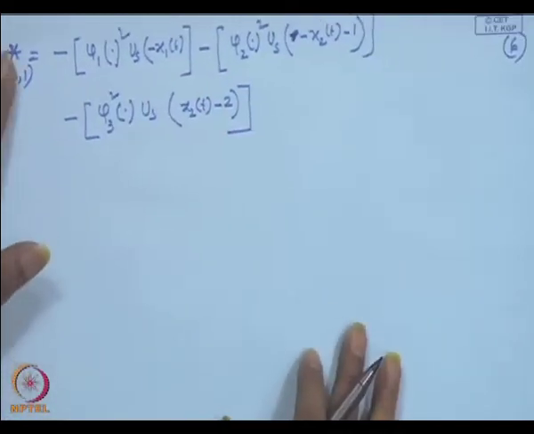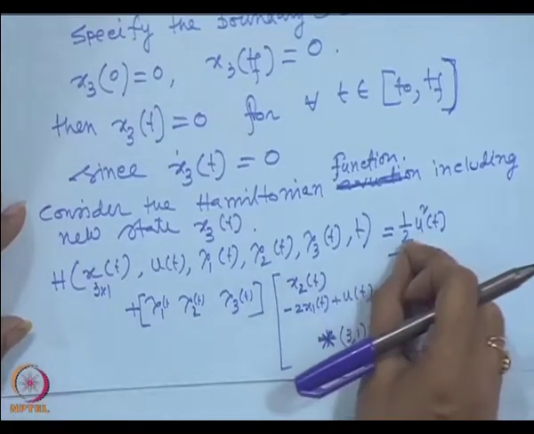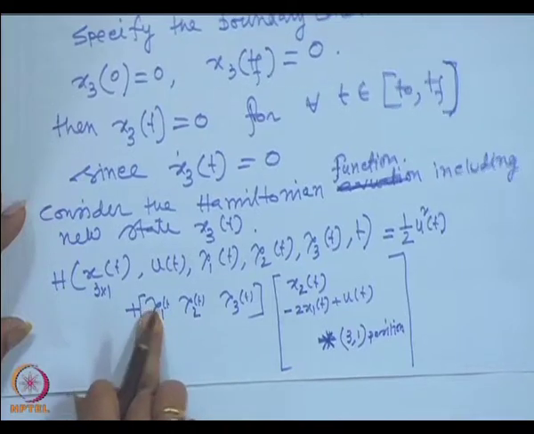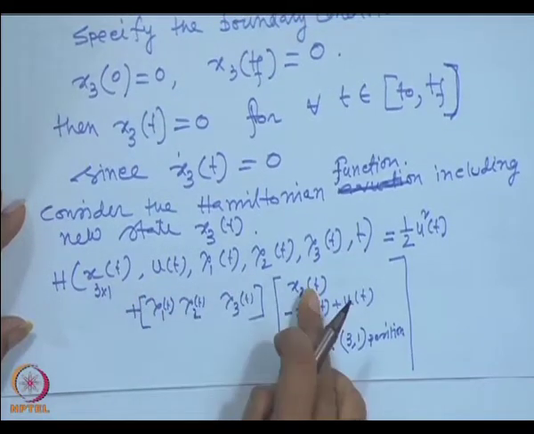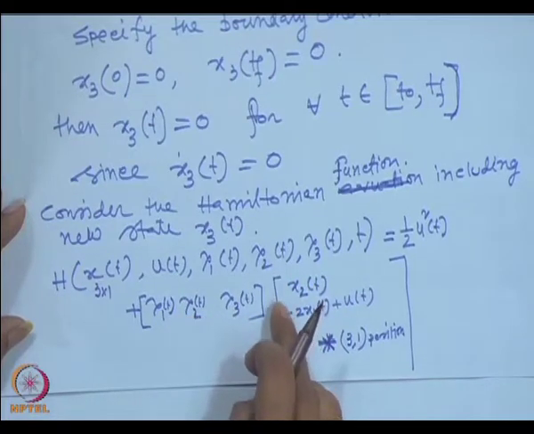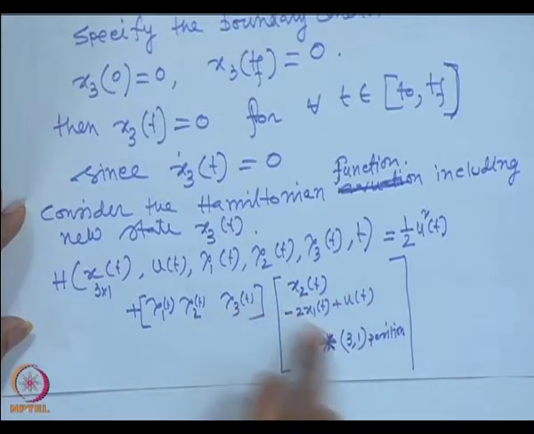Now, from this expression, what is the Hamiltonian function? Half u square of t, plus lambda 1 of t multiplied by x 2, lambda 2 of t multiplied by minus x 1 of t plus u of t, and lambda 3 of t multiplied by star.